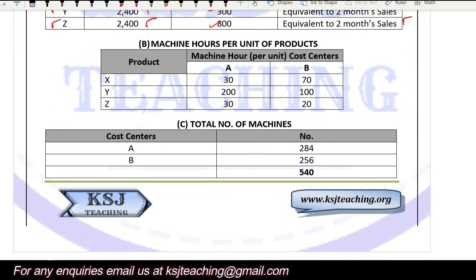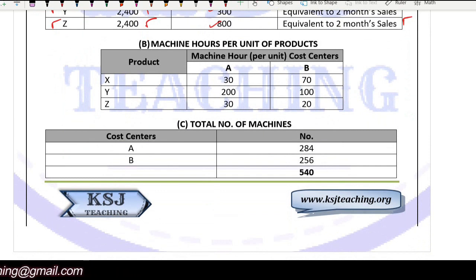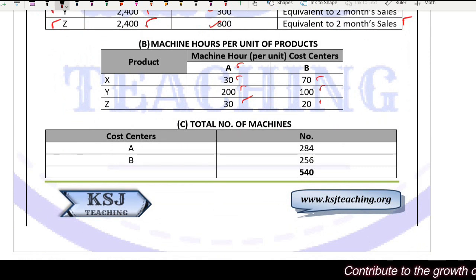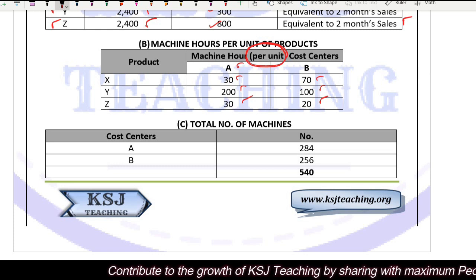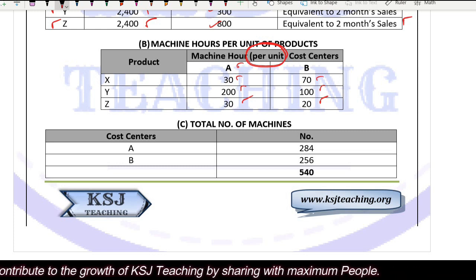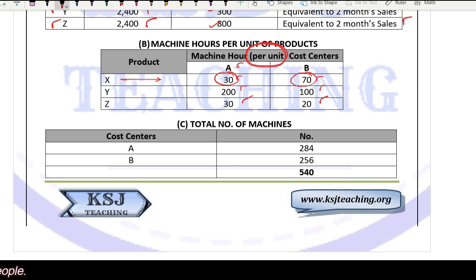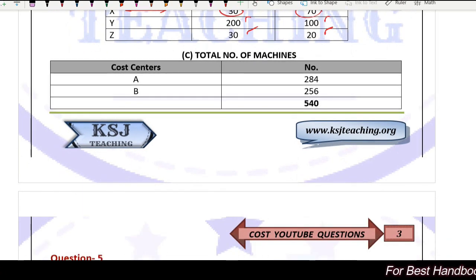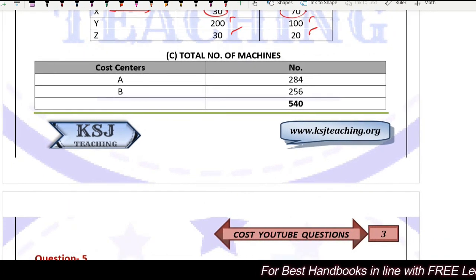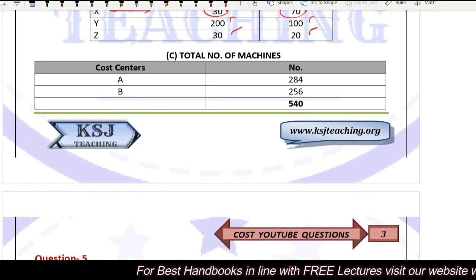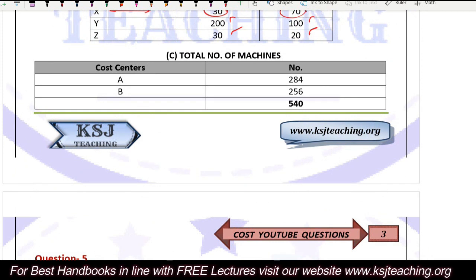Machine hours per unit of the products X, Y, Z, as per the cost center. In the cost center A, 30, 200, and 30. In the cost center B, 70, 100, and 20. So it is per unit. Machine hours per unit are given, right? In manufacturing 1 unit of X, you require 30 hours in the cost center A and 70 machine hours in the cost center B. After that, total number of machines available are in the cost center A 284 and in the cost center B 256.